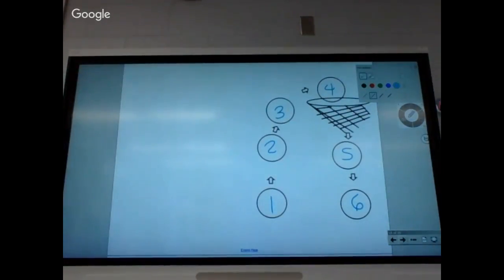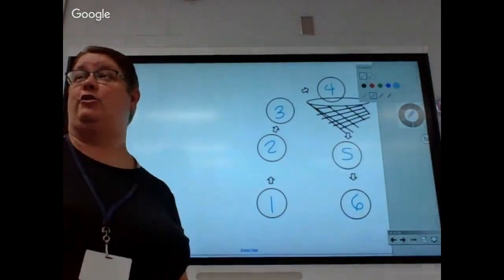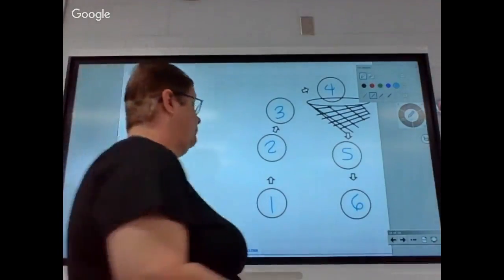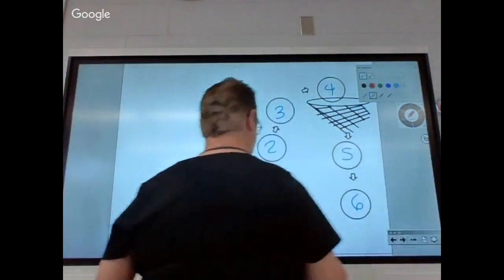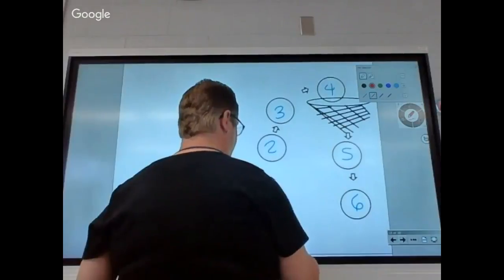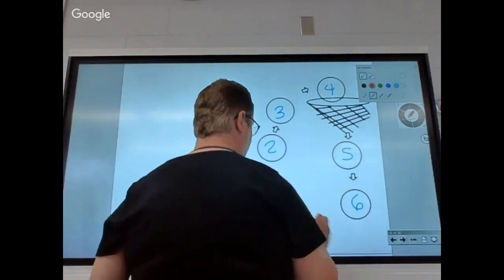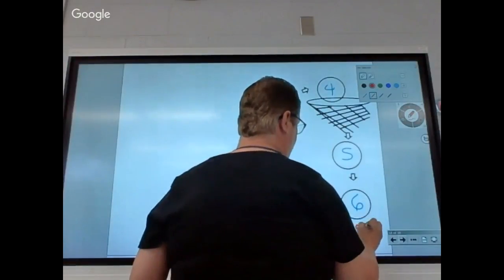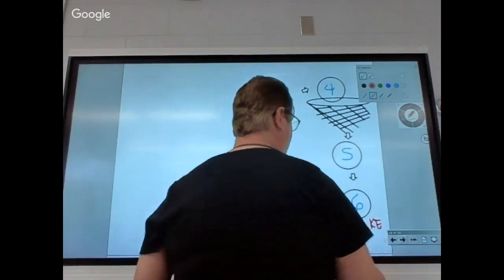So, we have 4 positions of a basketball going through a basketball hoop. Same thing. Where is the greatest kinetic energy of the basketball? All right. Greatest kinetic energy. What did we say? Wow.